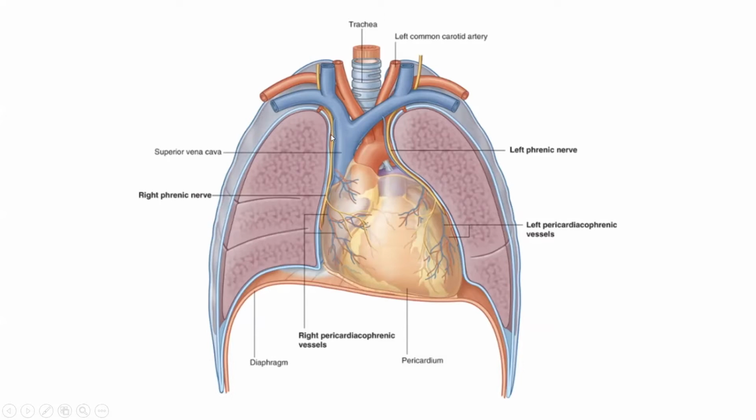Then on the right side, the phrenic nerve is going on the right surface of the superior vena cava and the brachiocephalic vein that you can see here, and it's going downward toward the right surface, or right margin, of the heart, together with the pericardiacophrenic vessels.